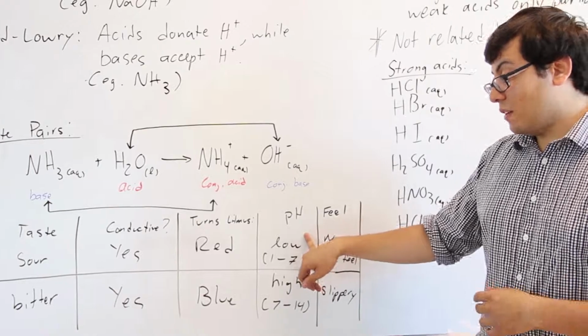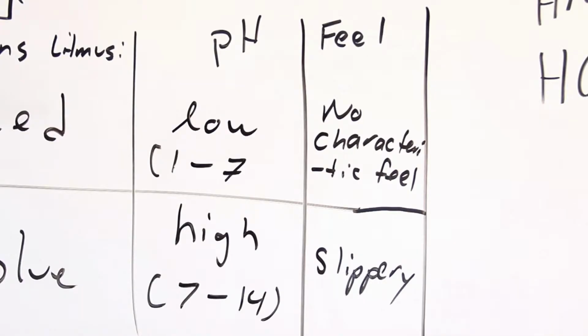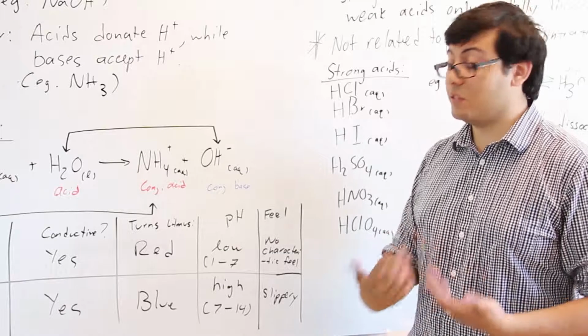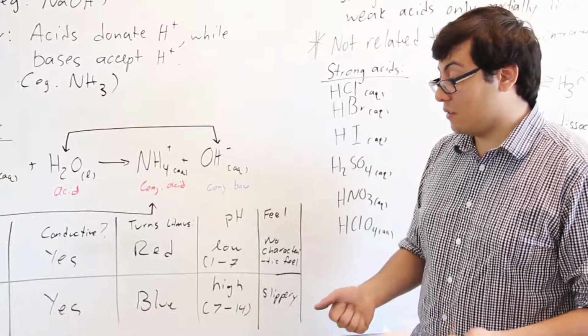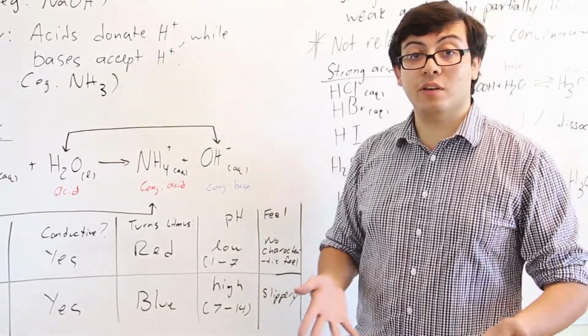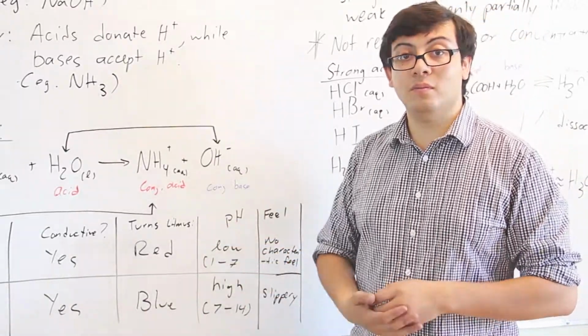Remember, acids by definition have a low pH, somewhere between 1 and less than 7, whereas bases have a high pH, higher than 7 to 14, where 7 is considered neutral, so water has a pH of 7. Acids don't really have any characteristic feel, whereas bases feel slippery. Again, as an example, soap.